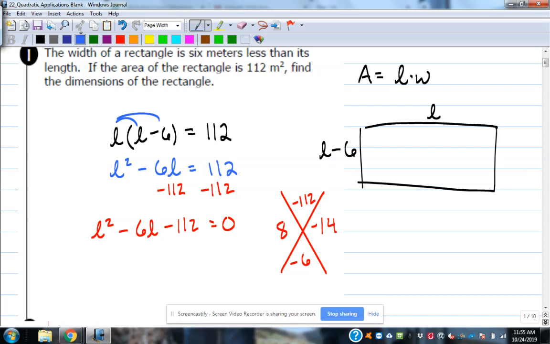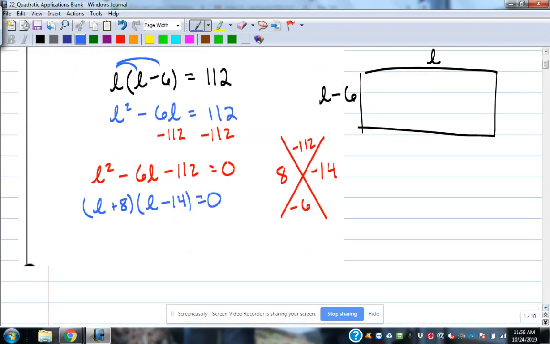Because it has a 1 in front of L squared, I can go straight to my factors. L plus 8, L minus 14. And then what do I do with each of those factors? Set them equal to 0. So L plus 8 equals 0, and L minus 14 equals 0. So that's a negative 8 and a positive 14.